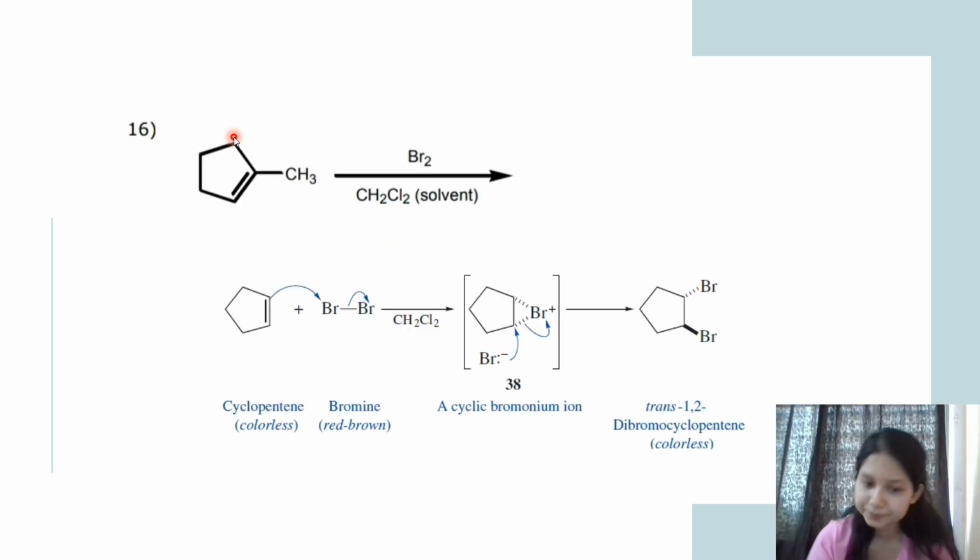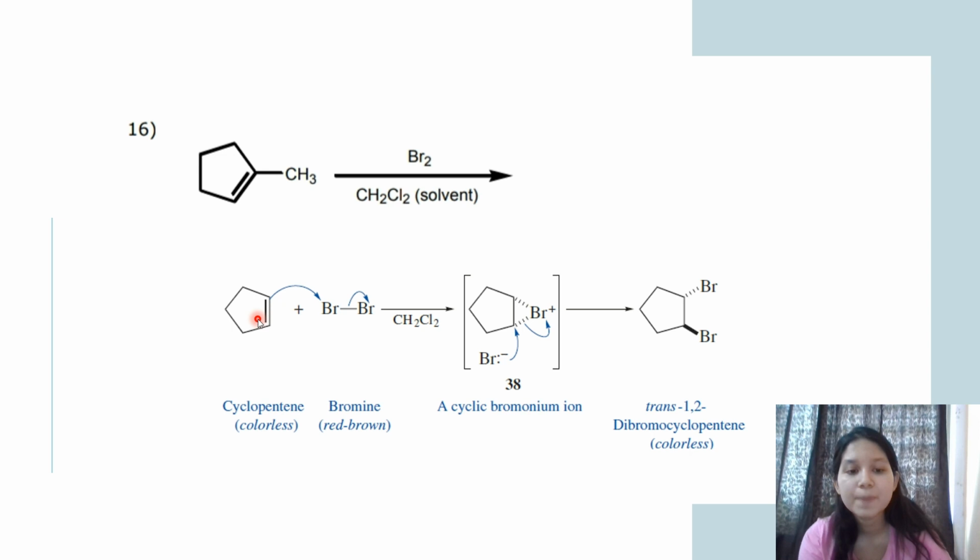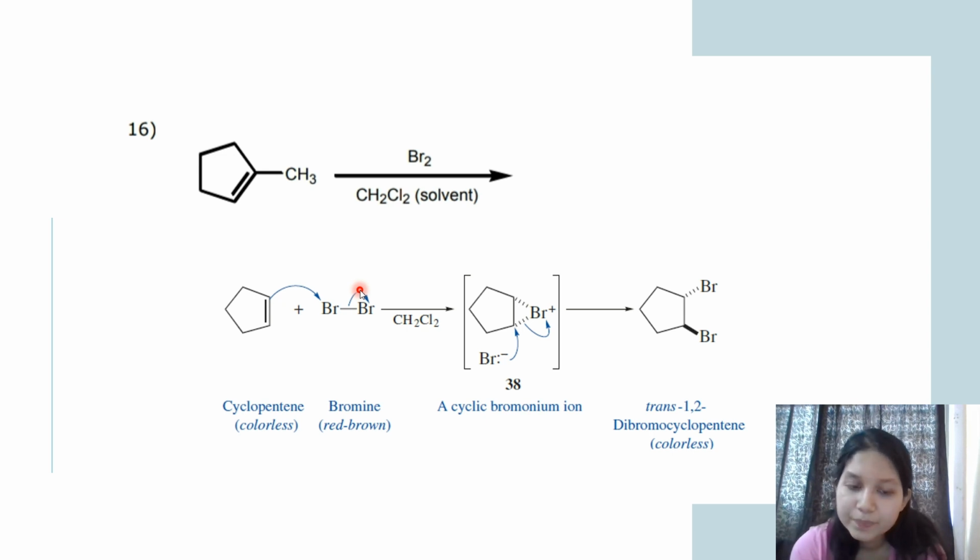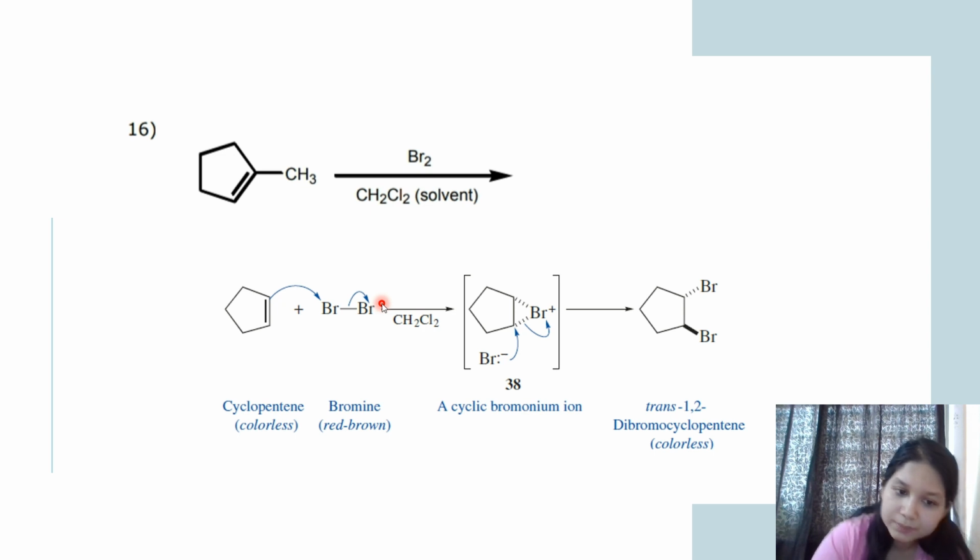Let us take the example of cyclopentene first, okay? You get attack of this nucleophilic double bond at one bromine of the bromine molecule present in the system, and you end up knocking out the bromide anion of bromine, okay?